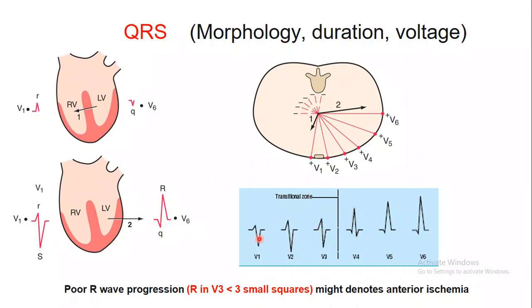If we have poor R wave progression, the R wave is defined to be less than a small square at V3. This is called poor R wave progression. This might denote anterior wall or septal ischemia.